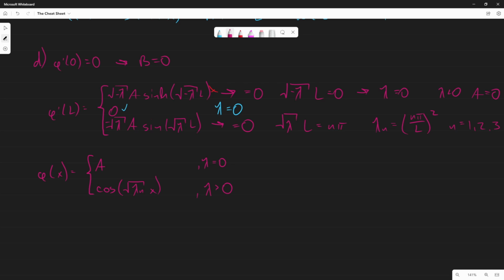And this is where the square root of lambda of n is equal to n pi over L, such that n are positive integers.